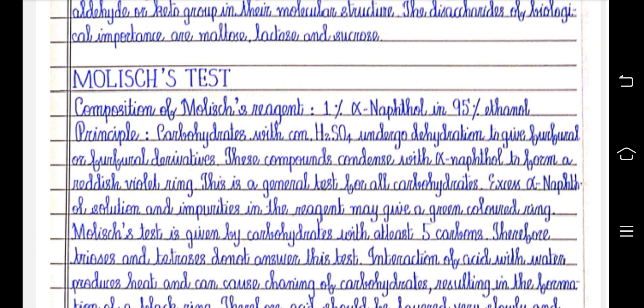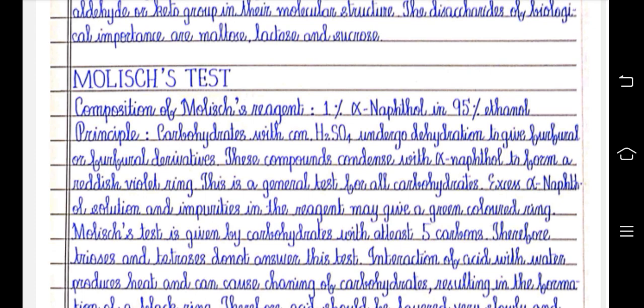Therefore, trioses and tetroses do not answer this Molisch test.